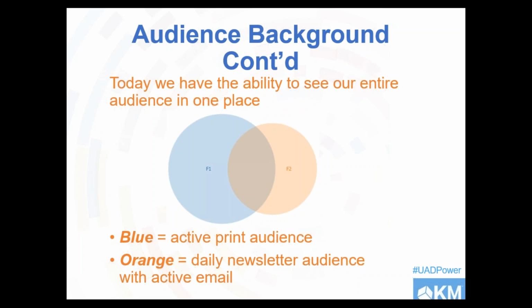In this instance, you can see that a good majority of our newsletter audience is not currently on our print subscription list. So our goal is, instead of spending money on telemarketing, to see if we can decrease that amount by taking our newsletter audience and feeding them a subscription offer.